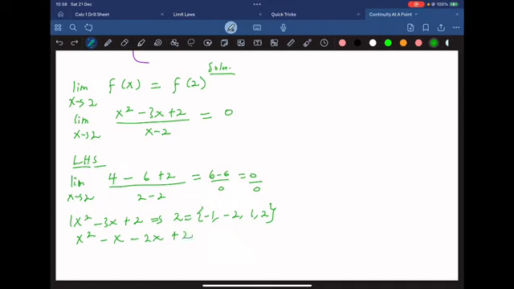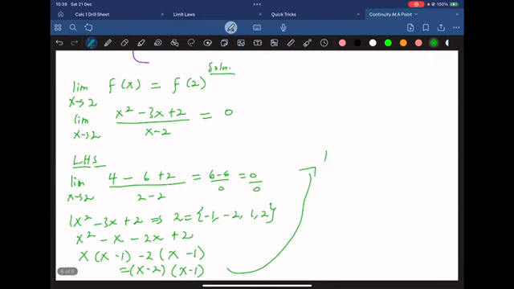Okay. So we do by grouping. So now we have x minus 1, minus 2, and this is just x minus 1. So the numerator simplifies to x minus 2 and x minus 1. So now let's continue right here.